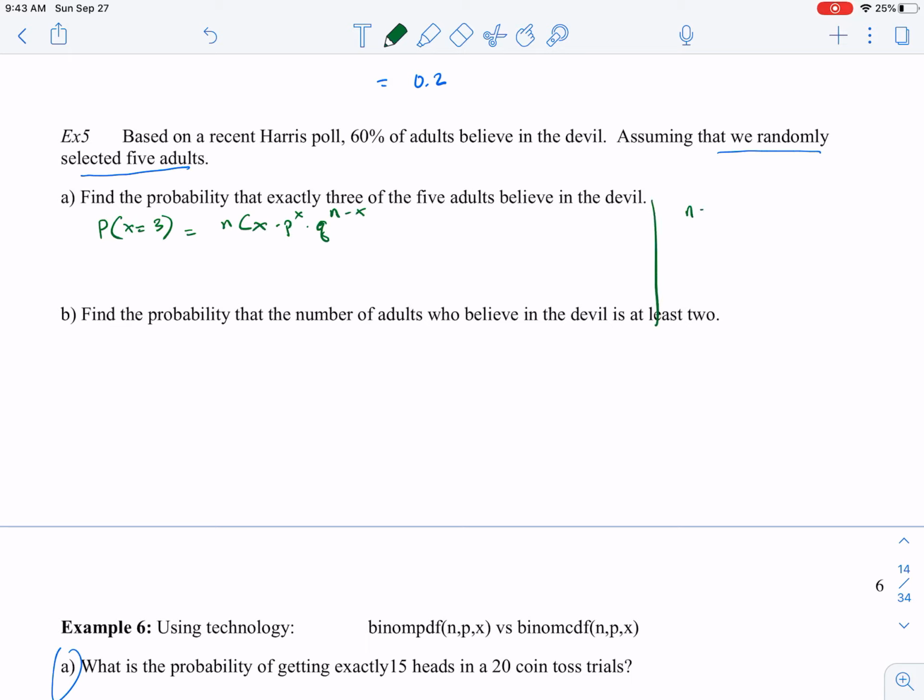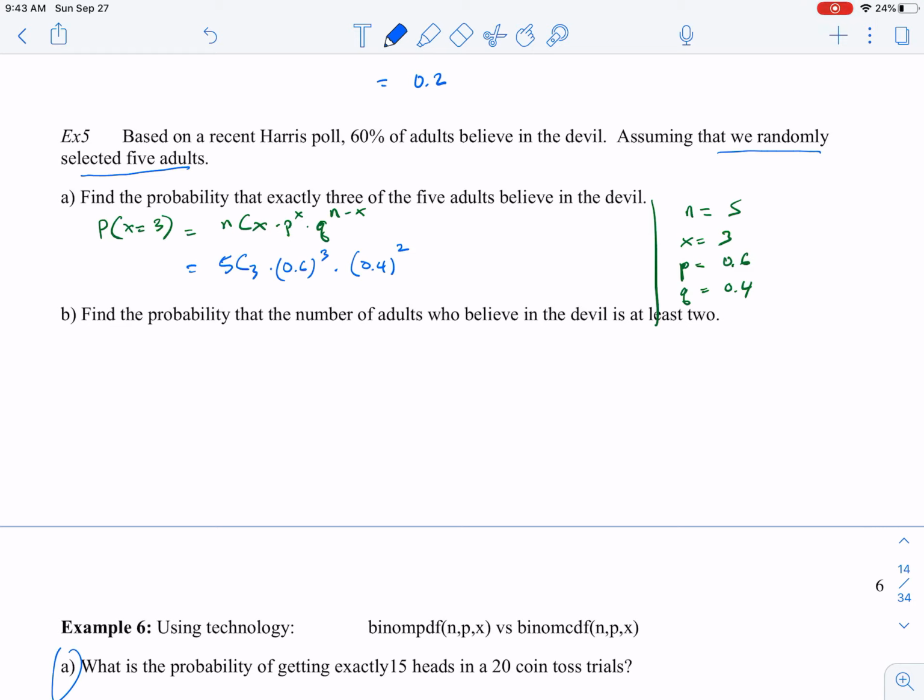We know that in this case 5 adults are selected, and we want to find out 3 out of 5. P is the probability of 1 adult believing in the devil. That's 60%. That's pretty high. Q is 0.4 because 1 minus 0.6 is 0.4. So we can plug that into the formula. We're going to say 5 choose 3 times 0.6 to the 3 times 0.4 to the second.